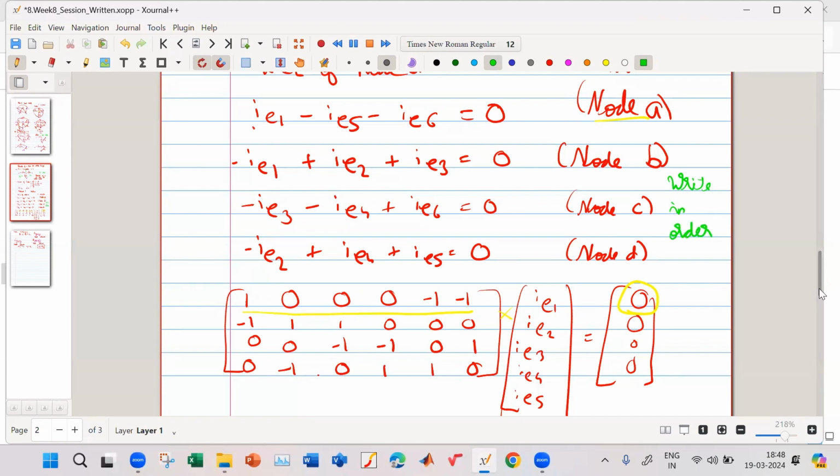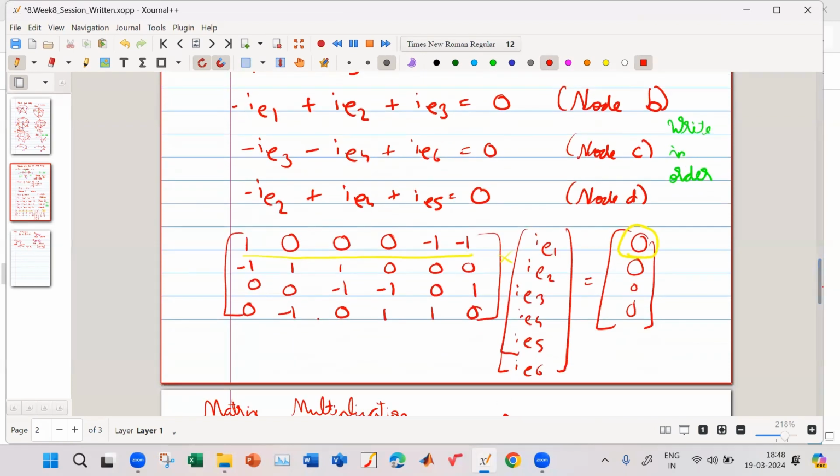Okay. Next thing I want to ask you is, what is the dimension of this matrix? 4 cross 6. So it is 4 rows, 6 columns. What is the dimension of this matrix? 6 cross 1. And what is the dimension of this matrix? 4 cross 1. Okay.